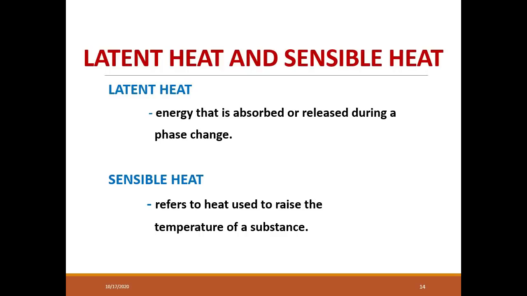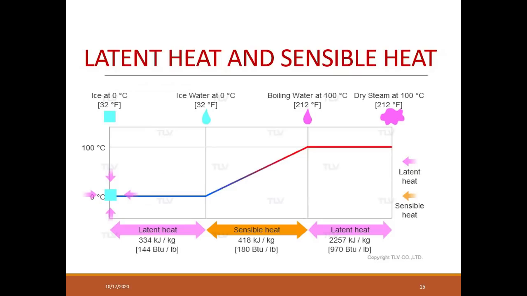We have the latent heat of vaporization, liquid to gas; latent heat of condensation, from vapor to liquid; and latent heat of fusion, from solid to liquid. This diagram further illustrates the difference between latent heat and sensible heat.